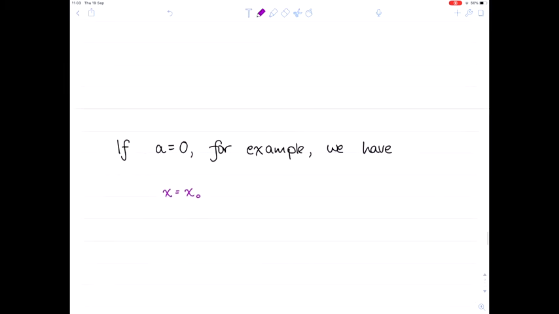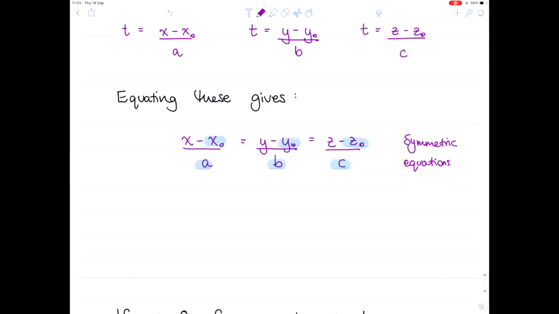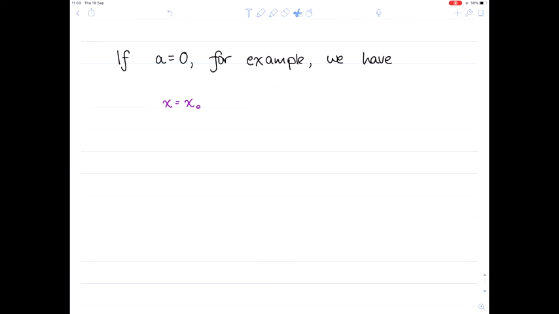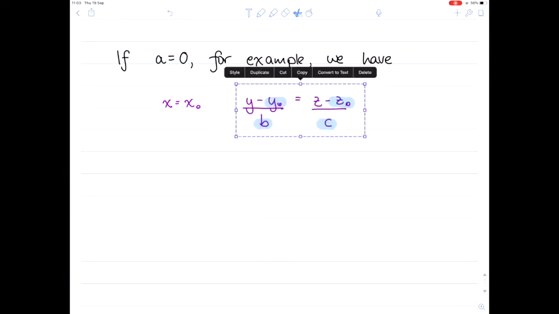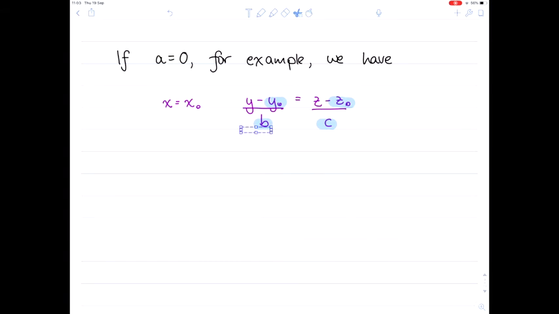And then we have the other 2 equations for y and z, as before. So it's slightly different. You have equations for y and z, and our x is a constant over here.